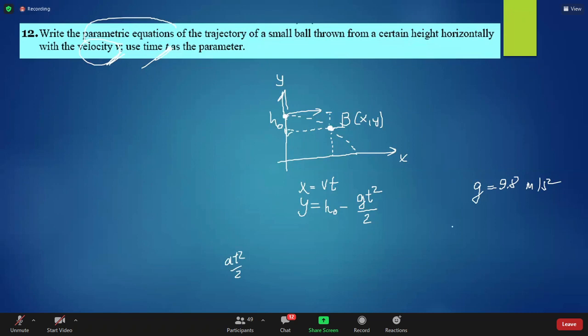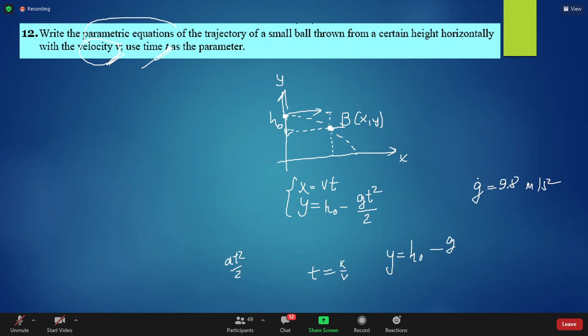And yes, we can prove that this is a parabola. For instance, if I express t as x divided by v, and please remember that v, g and h0 are constants, then I can write y equals constant h0 minus g times x squared divided by 2v squared.